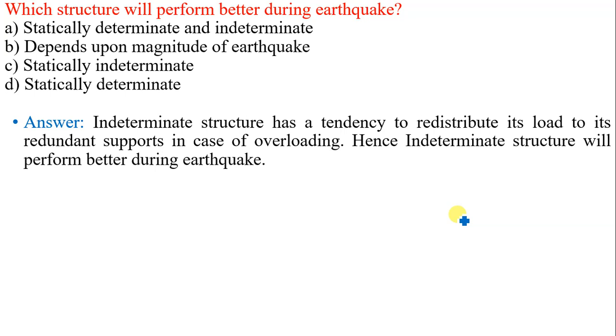When additional load acts on a structure having redundant support, the indeterminate structure redistributes the additional load to its redundant supports, and hence it performs better during the earthquake. So our answer is statically indeterminate structures perform better during the earthquake because of their tendency to redistribute the additional load.